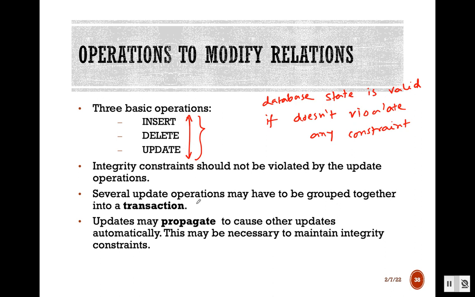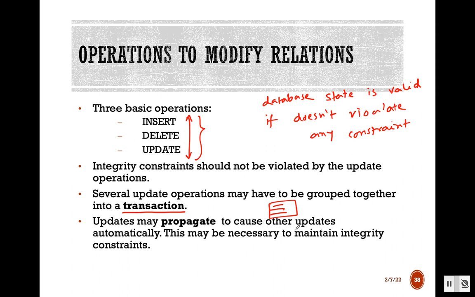Several update operations may have to be grouped together into a transaction. We may group together multiple update operations and run them as a transaction. Transaction means a series of operations altogether. Updates may propagate to cause other updates automatically, which may be necessary to maintain the integrity constraint.